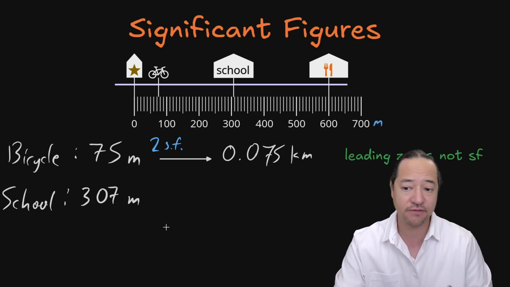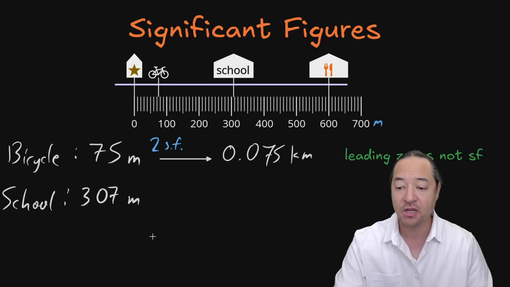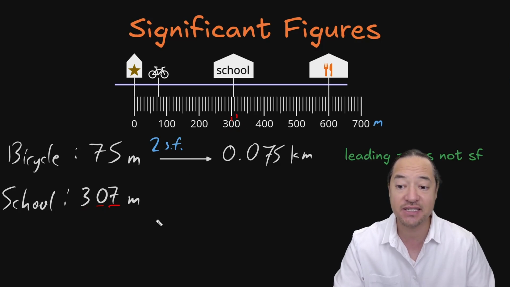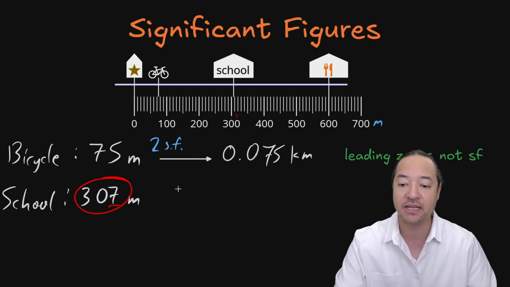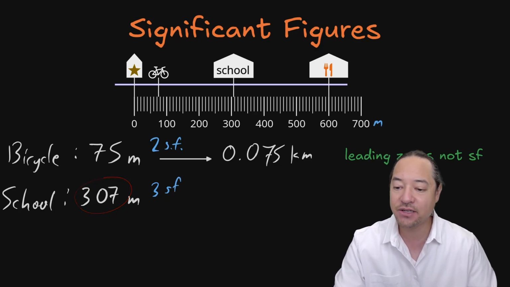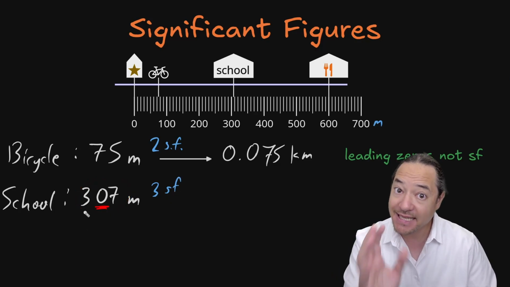How many significant figures would you say we have here? Well, we measured this 300, that's pretty clear. We measured that it's between 300 and 310, that's good. We estimate this 7, so that's okay. We have three significant figures here, okay? So this 0 in between here is meaningful.